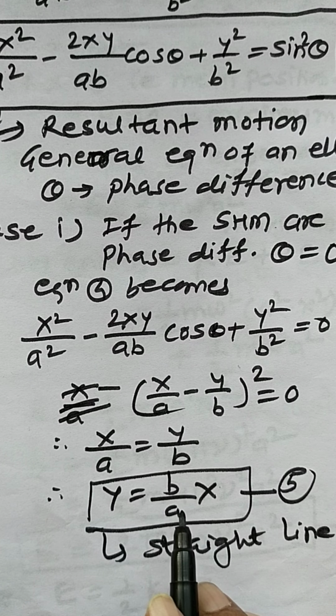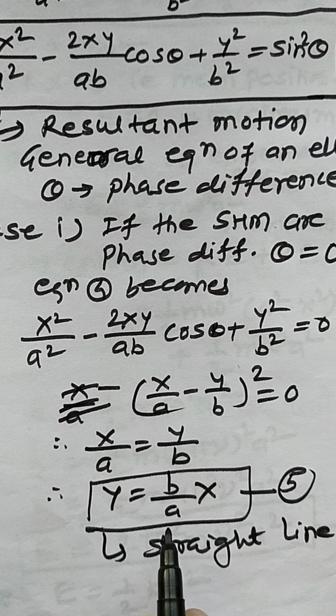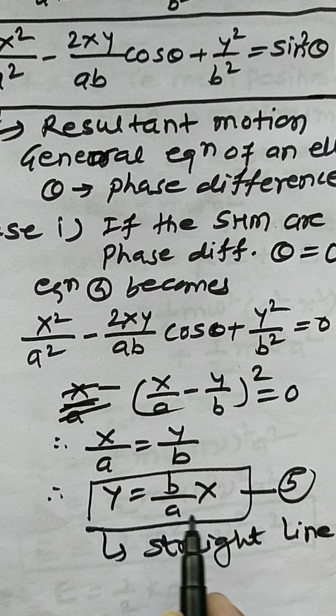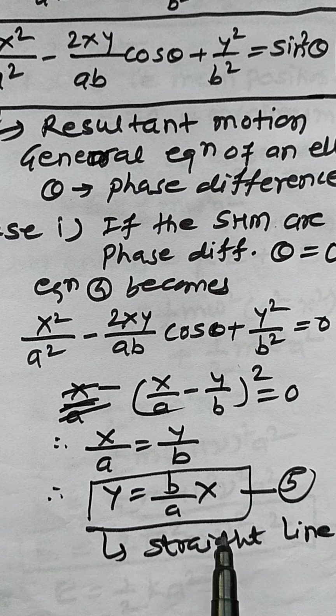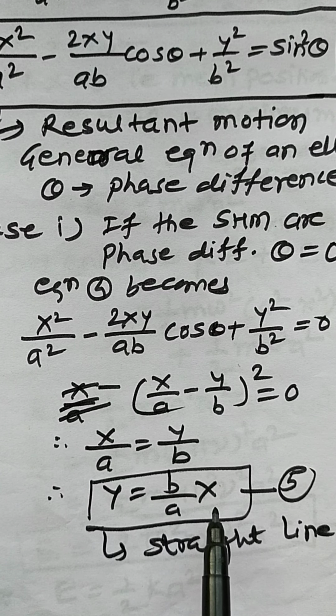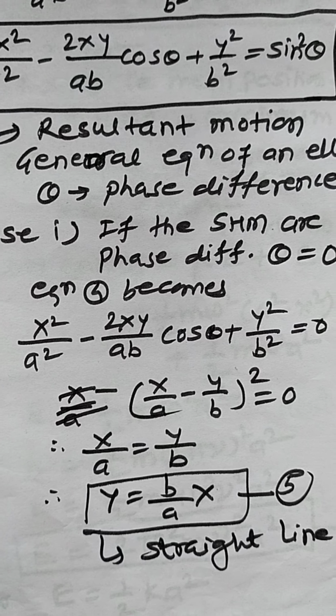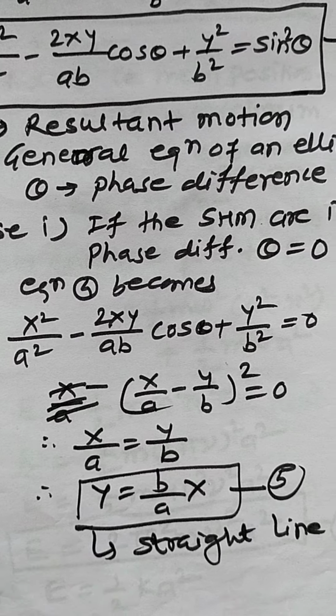If further the amplitudes are equal, that is a is equal to b, then the straight line makes an angle of 45 degree with the x axis.